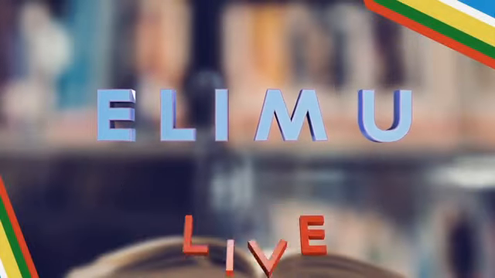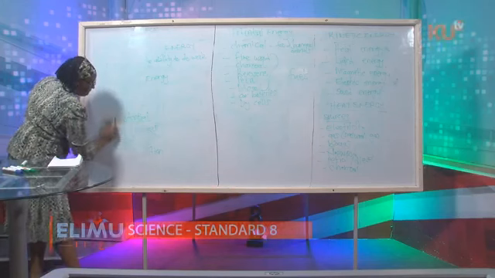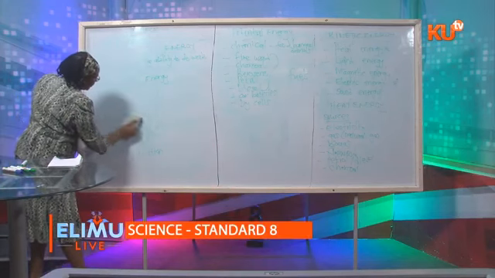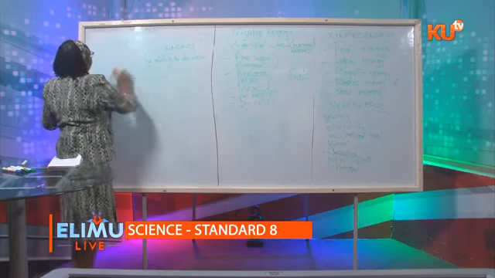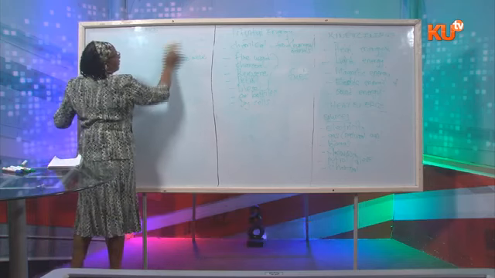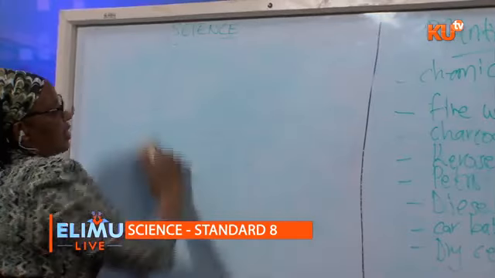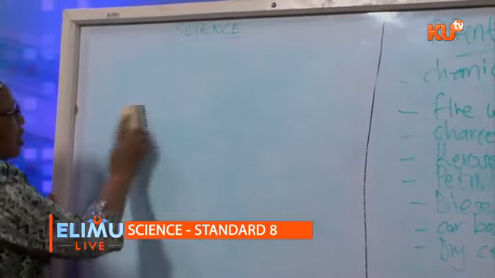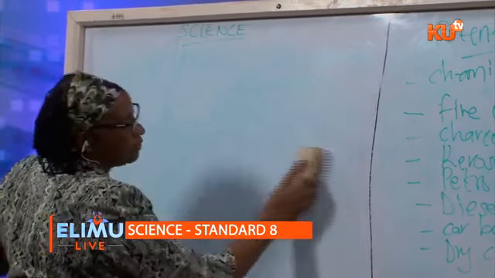So now I move on to light energy. Light is very important in our lives because light enables us to see. Now, I would like you to remember a time when there was a power blackout, maybe in your house, and maybe you are doing something.